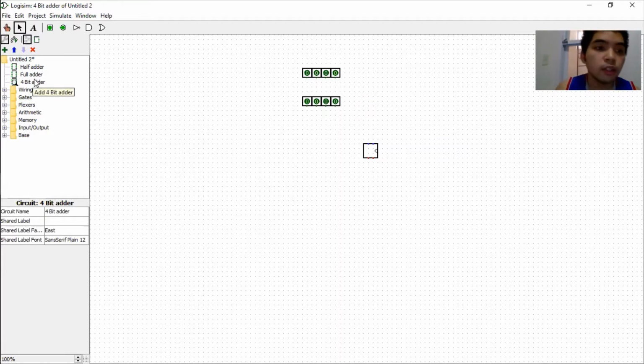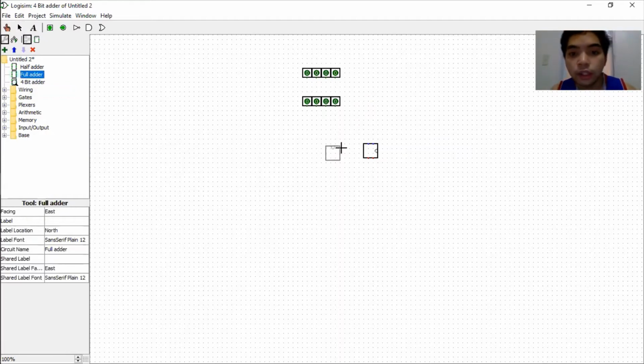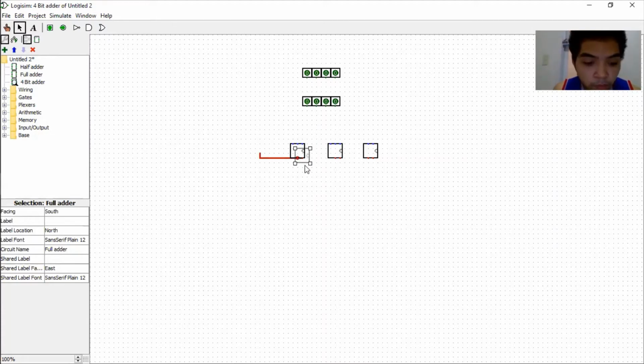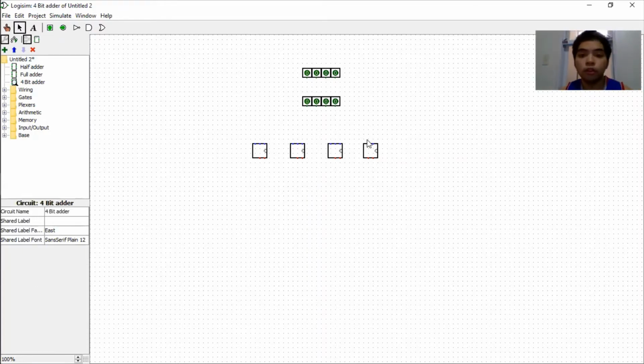For the next bit, we need to connect to a full adder since there is a carry now. Like if we add 1 plus 1, there is a carry of 1. So we need a full adder. We need to have 3 inputs.